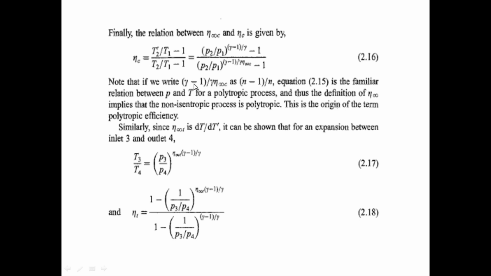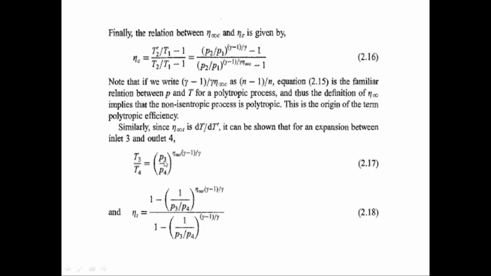Now we can write gamma minus 1 by gamma times polytropic efficiency in this form, which is n minus 1 by n. So this is the more familiar expression for the polytropic process, and from the definition of the polytropic efficiency we can now write the T3 by T4.